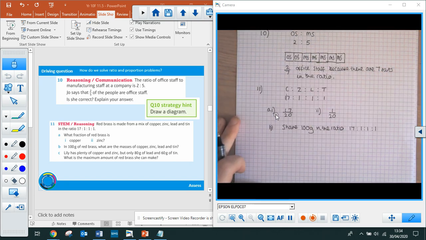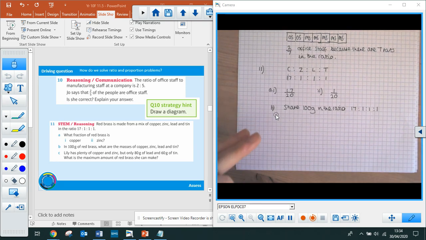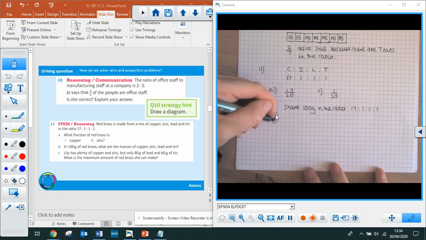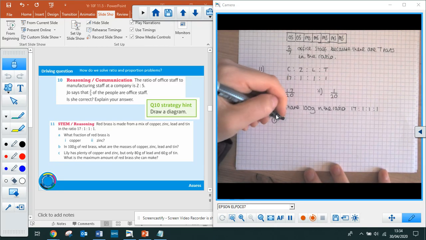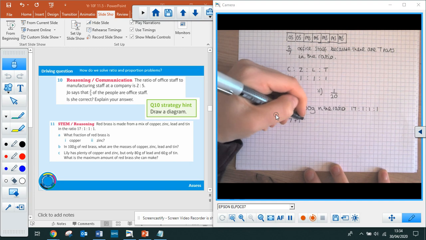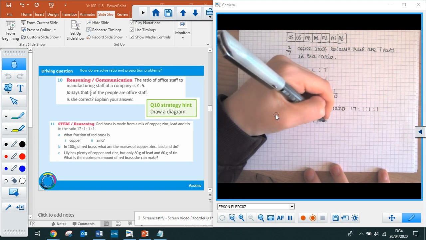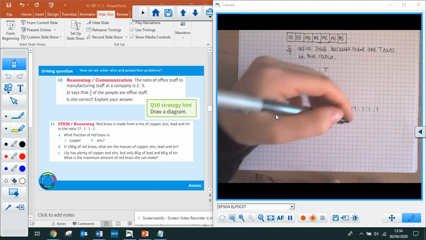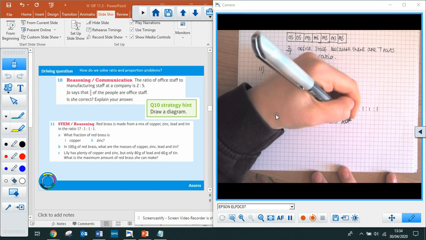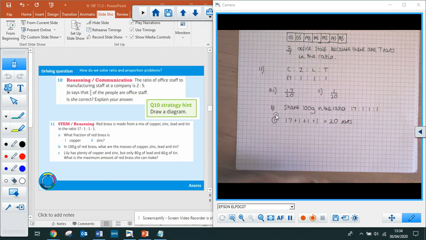Okay, that's what we did in the last sections of the lessons. Okay, we're sharing ratios. So that's all we're doing here. Remember, step 1, add your ratio together. 17, add 1, add 1, add 1 is 20. And that's parts, total of 20 parts in our ratio.